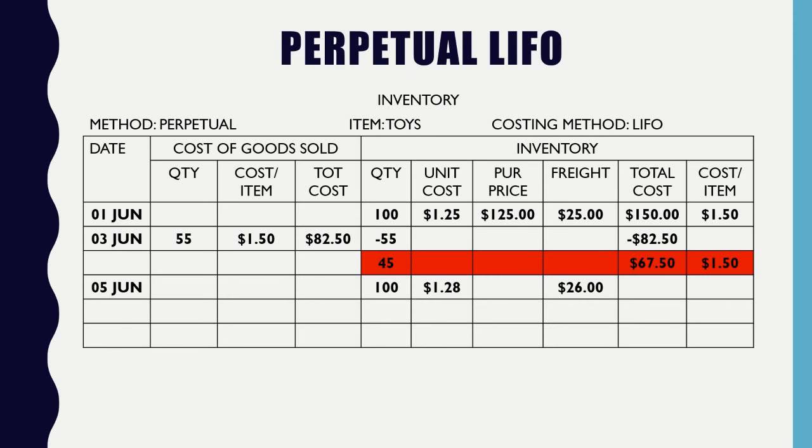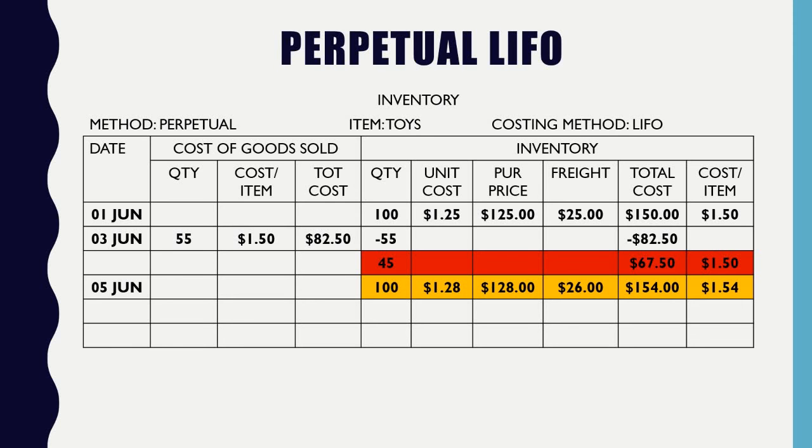What's my total purchase price? $128, plus my freight of 26, is 154, making my cost per item $1.54. I'm going to associate this as yellow. Notice that now we have two different batches: a red batch of 45 and a yellow batch of 100.